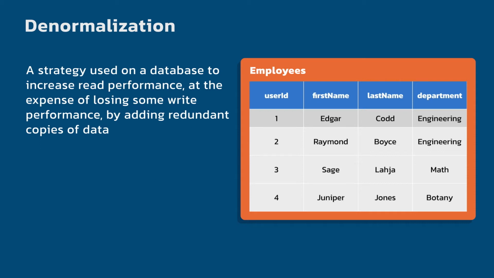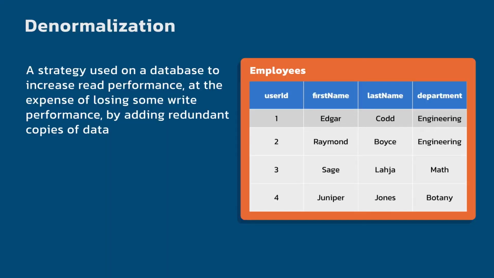It's saying, I'm going to optimize for read performance at scale, and I'm going to use up more disk space to do so. The good thing is that today, compared to other commodities like memory and CPU, disk is actually the cheapest. And with solid state drives, things have gotten significantly faster than when relational databases were first created. So we make this trade-off, and it actually works in this case.